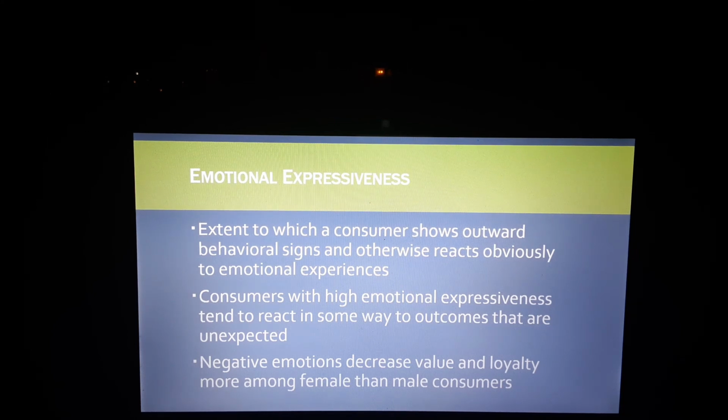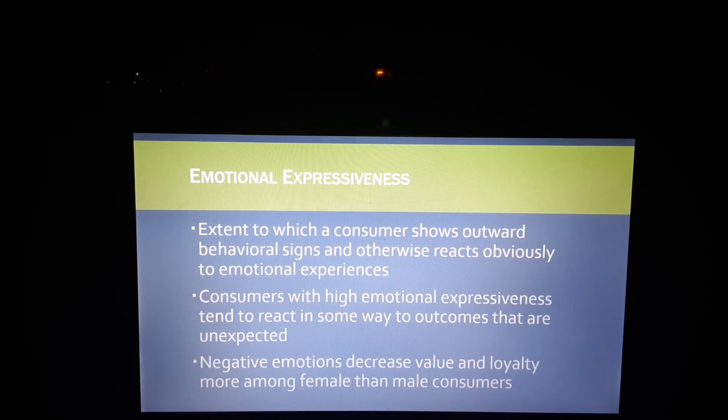Okay, and then this whole idea of emotional expressiveness. So again, the marketers will try to measure how consumers show some sort of outward sign, some sort of outward positive experience. You could argue that some people who have high emotional expressiveness, who really emote a lot and have a lot of enthusiasm, either positive or negative about something, generally speaking, will be affected by outcomes that are unexpected.